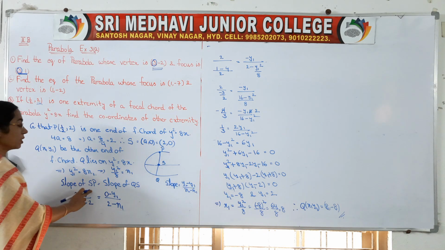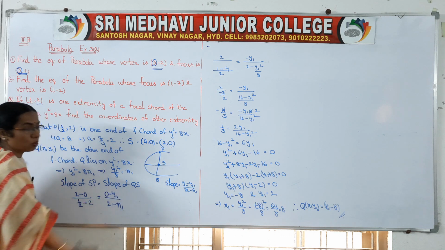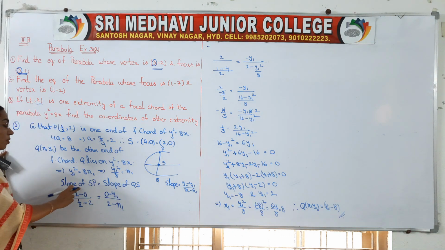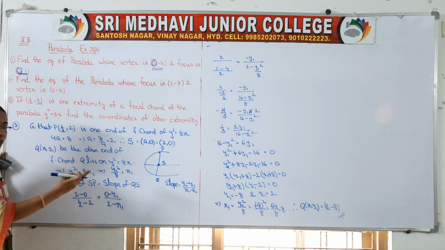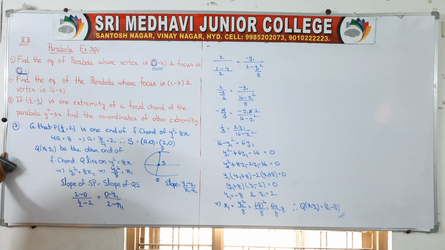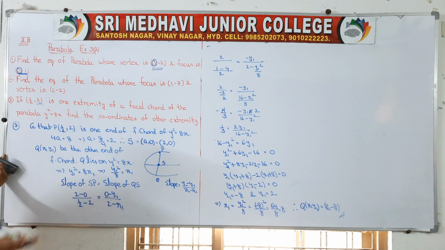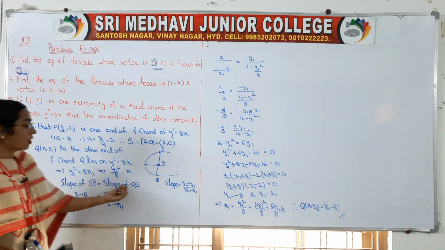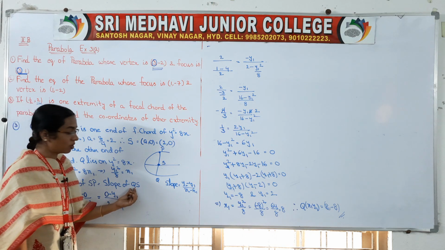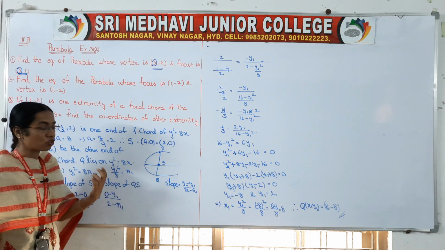So slope of SP is equal to slope of QS. Slope of SP means apply the formula y2 minus y1 by x2 minus x1. Slope of QS also you can apply the formula y2 minus y1 by x2 minus x1. Here you have to take Q point as x1 y1 and S point as x2 y2.